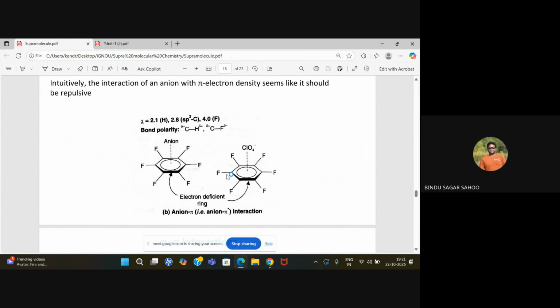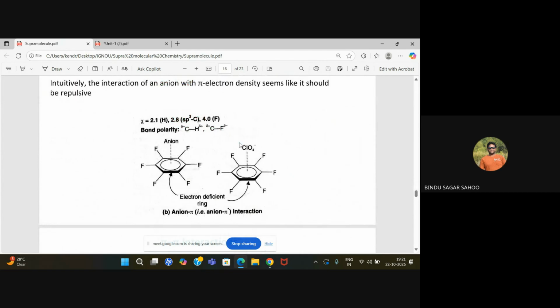So in the ring, an electron deficient nature is observable due to these withdrawing groups, or fluorine groups, present in the substituted positions. So now this ring is an electron deficient ring. When it is an electron deficient ring, it can interact with an anion. So this type of interaction is called anion pi interaction.